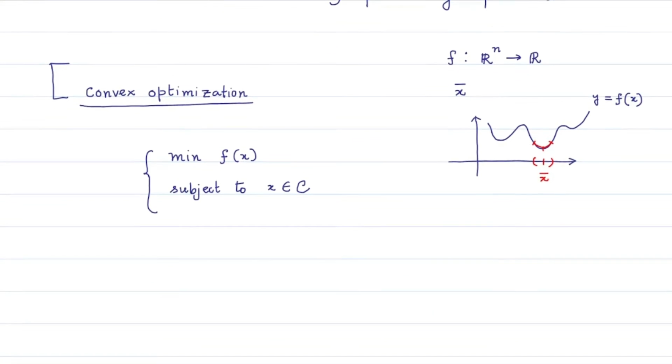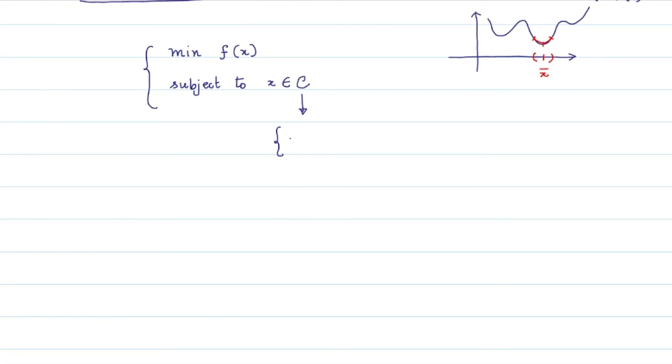This set capital C is presented by some inequalities given by a few convex functions, say g_i(x) less than or equal to 0 for i equal to 1 to m, and equality constraints are given by some linear functions a_j transpose x equal to b_j for j equal to 1 to k, say.